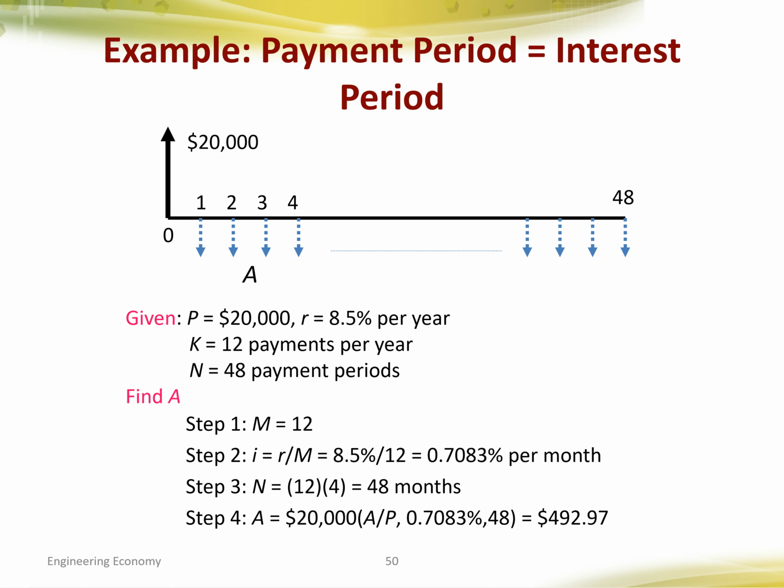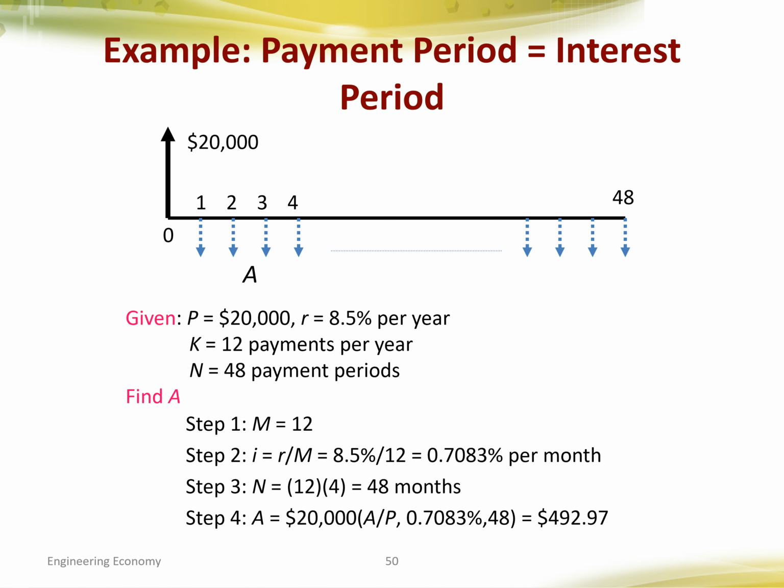So remember the cash flow diagram. Buying the car, you borrow 20,000. That is what you need to pay back. And you need to pay 48 equal installments back to the lender. So your principal, the present value, is 20,000, and the interest rate is for the year. You have 12 payments per year. You have 48 total payments.